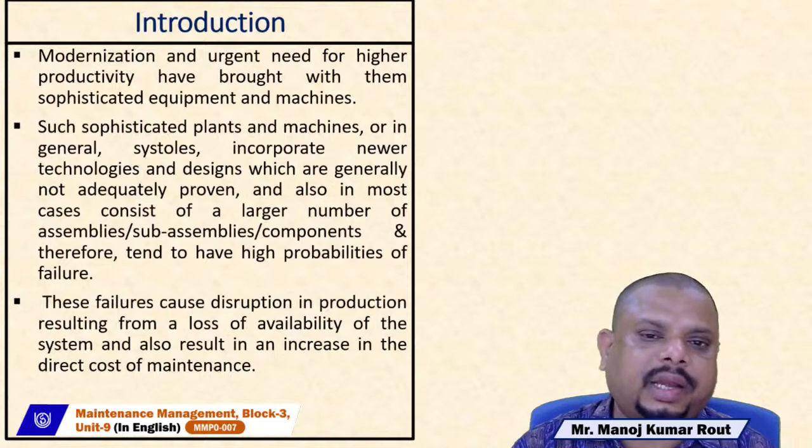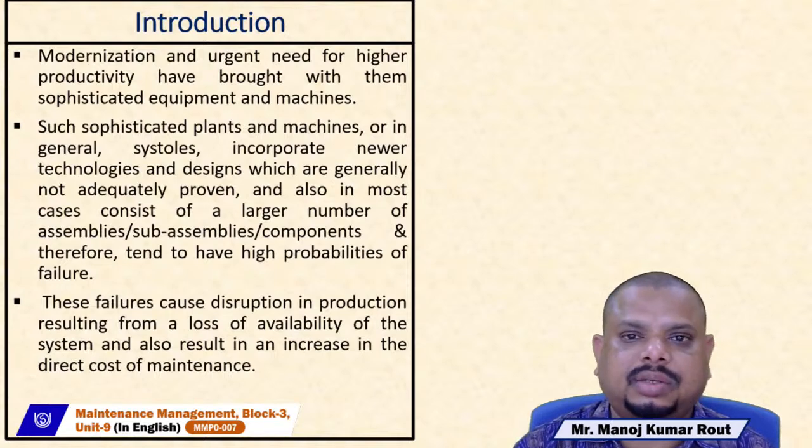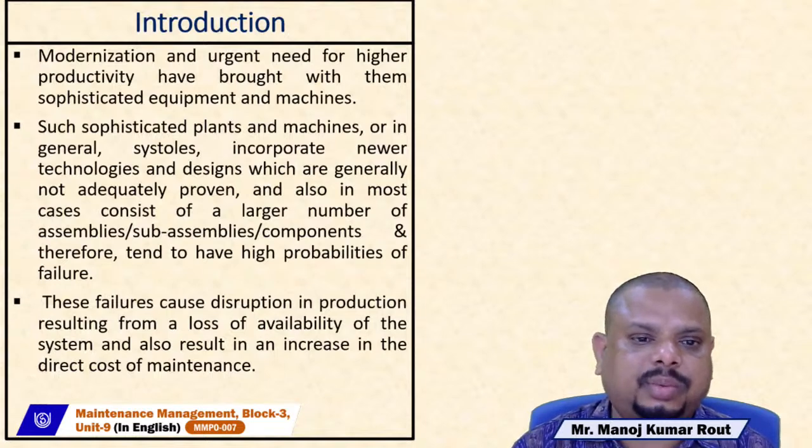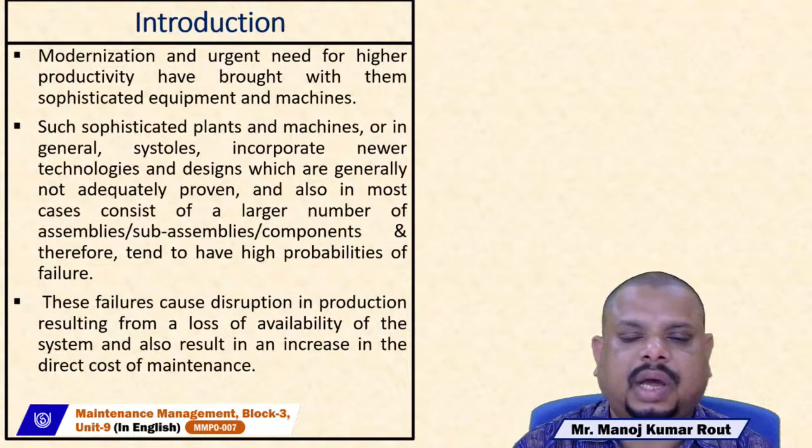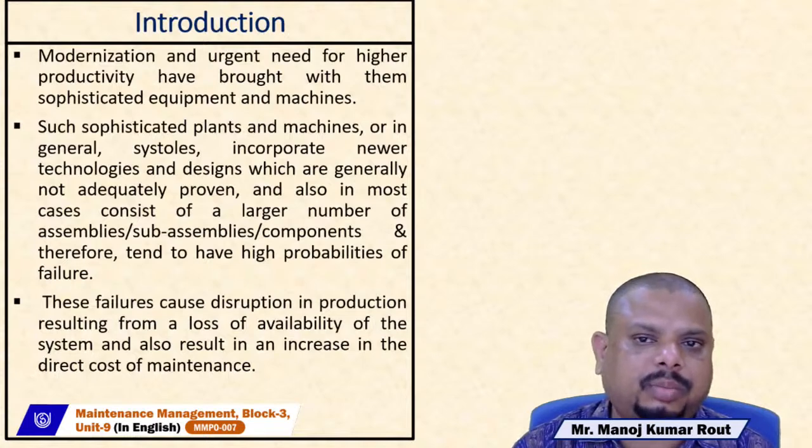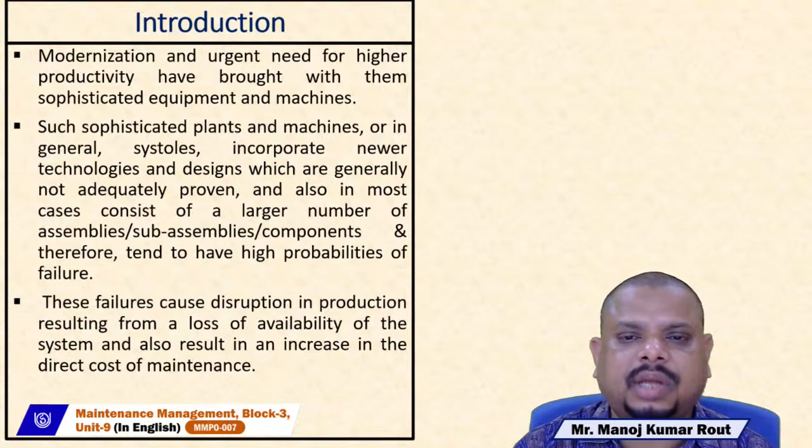This point directly applies if a company uses sophisticated machines, which consist of large varieties and large numbers of assemblies, sub-assemblies and components. They include some complex and precise components as well. So there may be high probabilities of failure if you go for higher productivity with the help of sophisticated plants and machines.